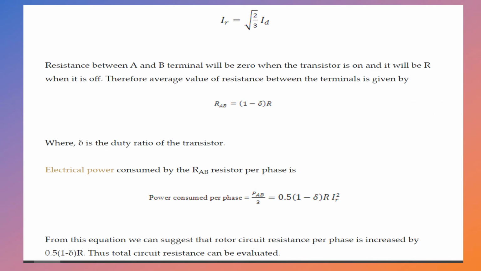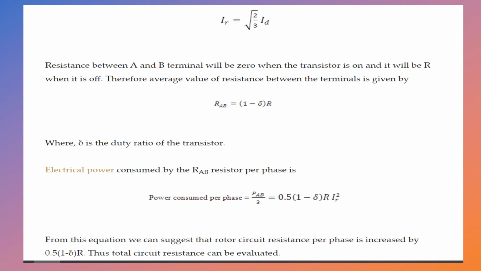As the RMS value of the current becomes root 2 by 3 into ID, the resistance between the terminals A and B will be 0 when the transistor is on, and it will be R when the transistor is off. Therefore, the average value of the resistance becomes this value, and the delta shown here is the duty ratio of the transistor.